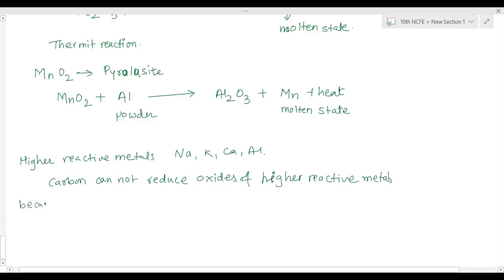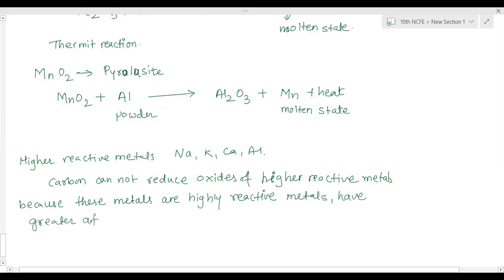Because these metals are highly reactive metals, they have greater affinity towards oxygen.